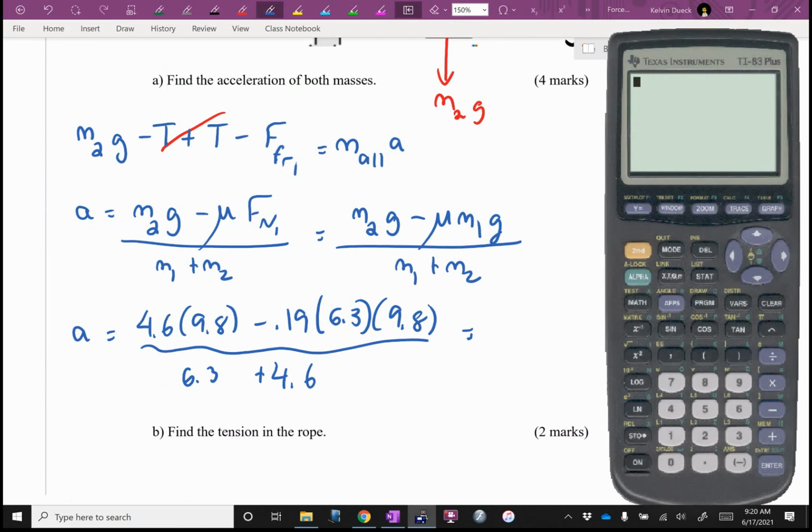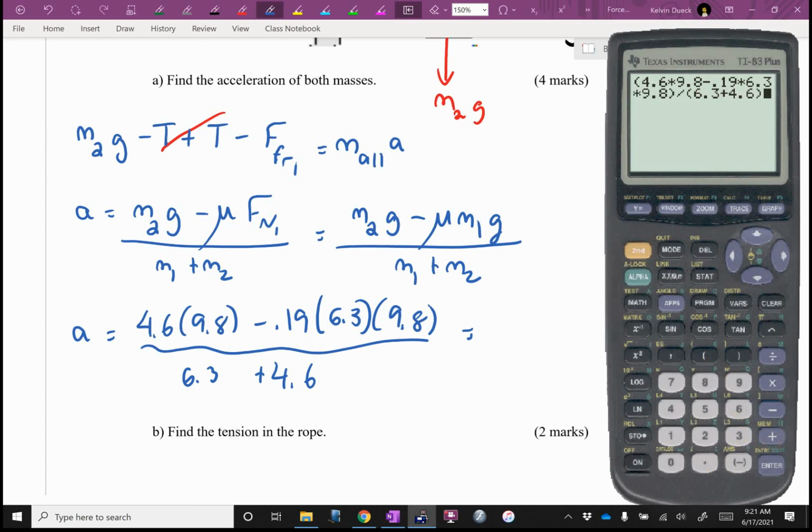Brackets around the top, definitely. 4.6 times 9.8 minus 0.19 times 6.3 times 9.8, divided by, open up a bracket, 6.3 plus 4.6.